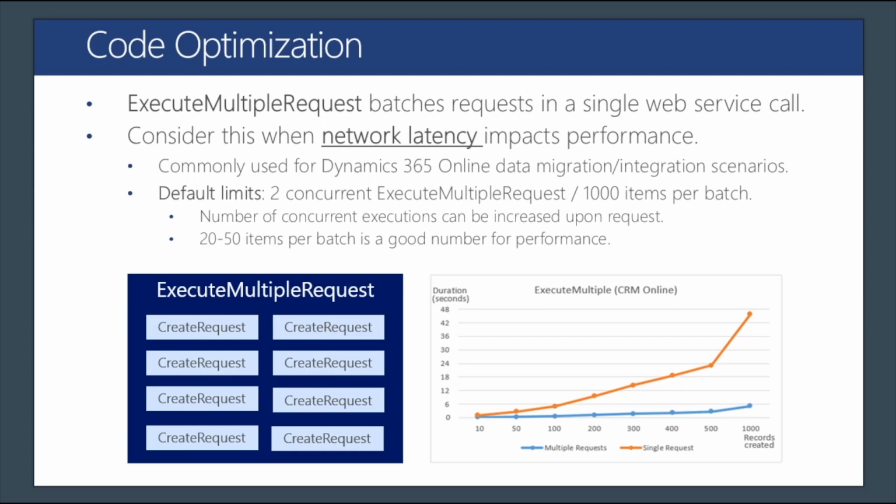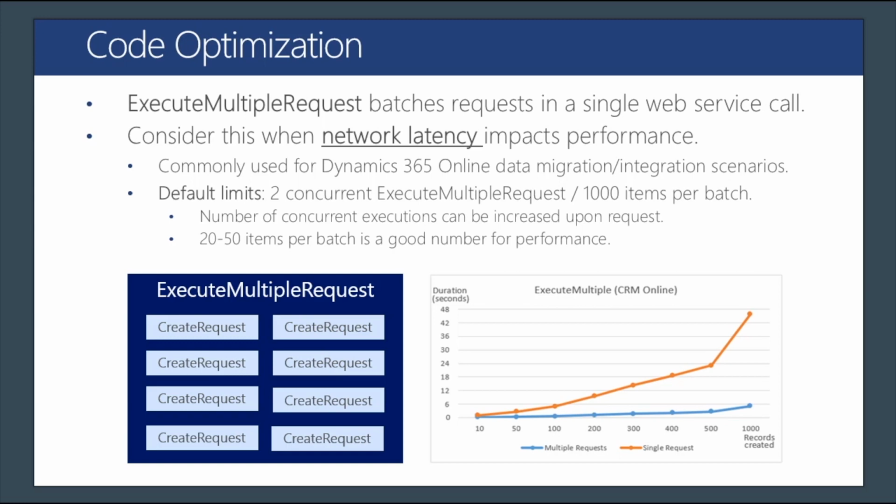Again, if there's something that you're doing, for example, you're running a data migration over the weekend, or if you have an integration that needs to go through quickly, you can reach out to your fast track program manager or to support to increase the throttling limit for your concurrent execute multiple requests. So let's say we might change it to 5.